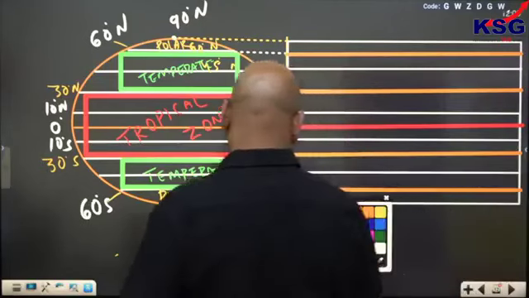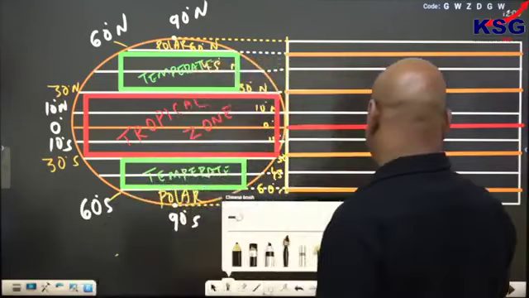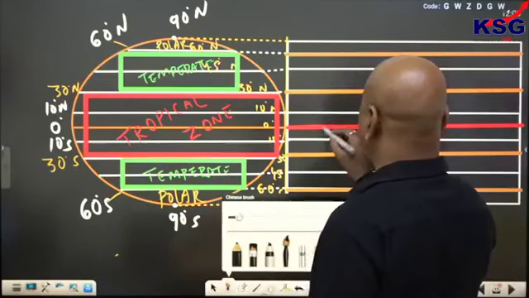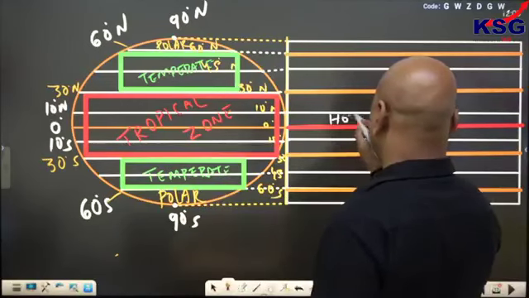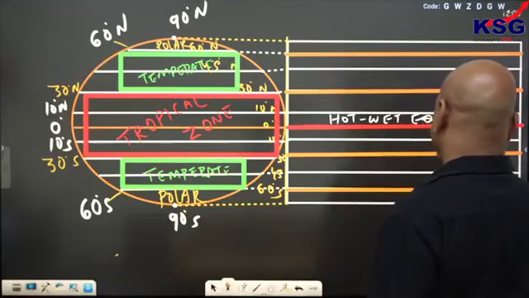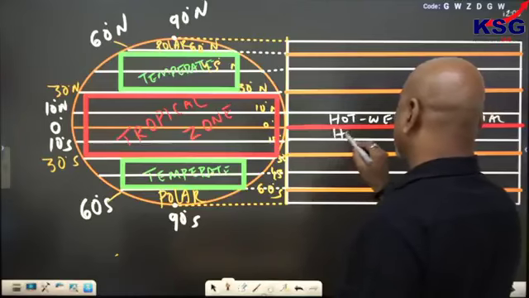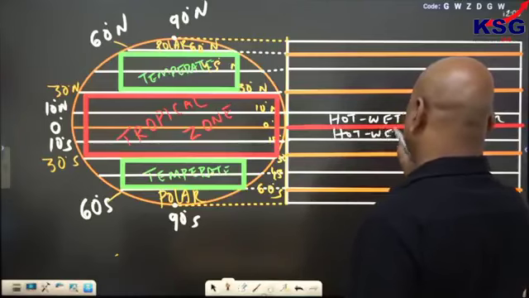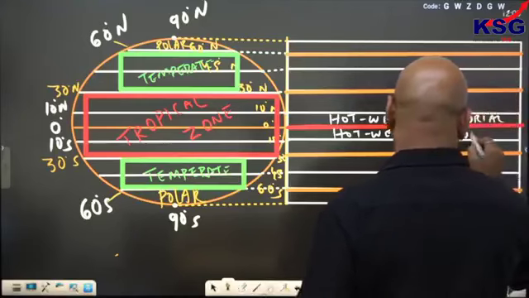this zone in this case is called as a middle zone, hot, wet, equatorial zone, equatorial area. I said hot and wet equatorial region.